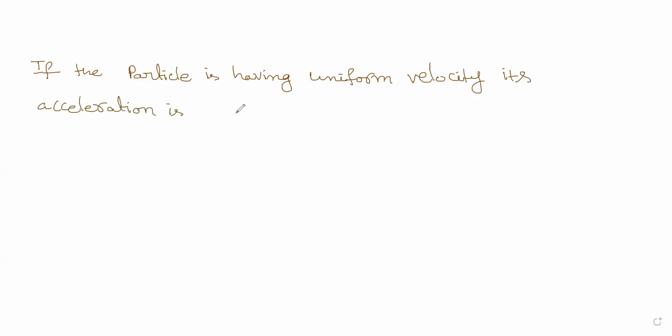Particle having uniform velocity, acceleration is 0. So how the equations of motion will change? v is equal to u plus at. This goes to 0. v is equal to u. The final velocity is equal to initial velocity if it is going with uniform velocity.